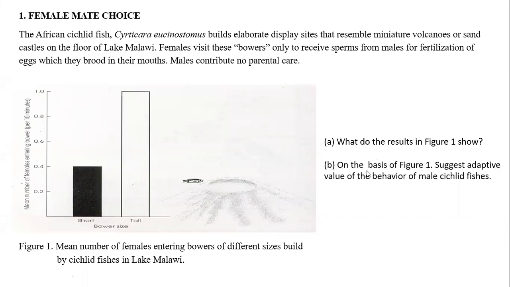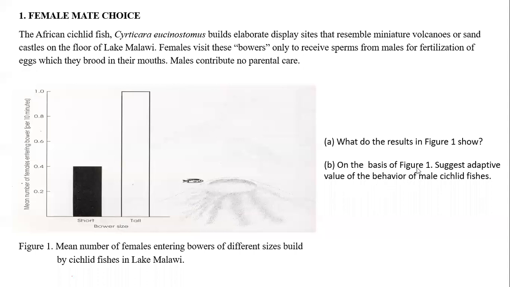So in this particular case, the adaptive value relates to reproduction and benefiting the males that produce larger or taller bowers. So the adaptive value is that males that produce taller bowers are going to attract more females, and once the females have been attracted to the bower where the males are, they will then have a higher chance of fertilization and therefore a higher chance of reproduction.